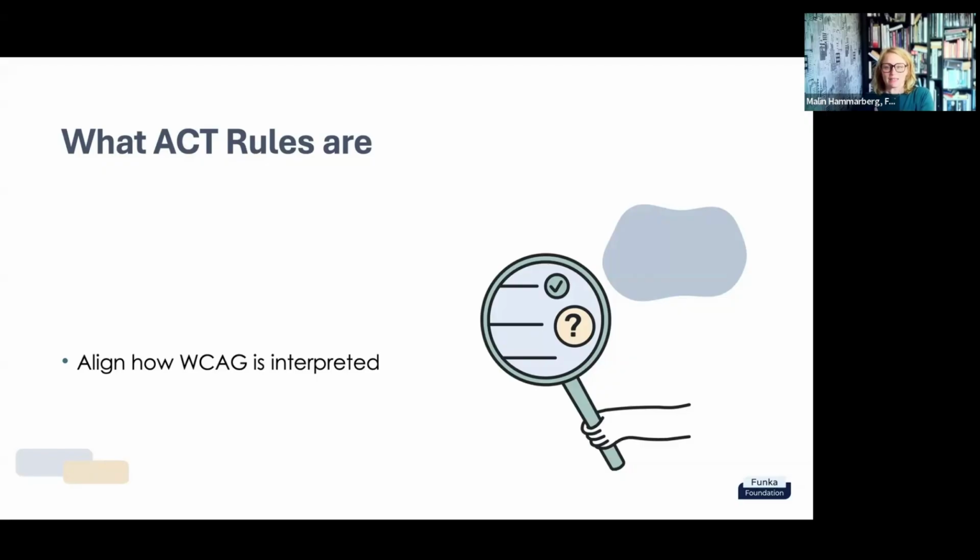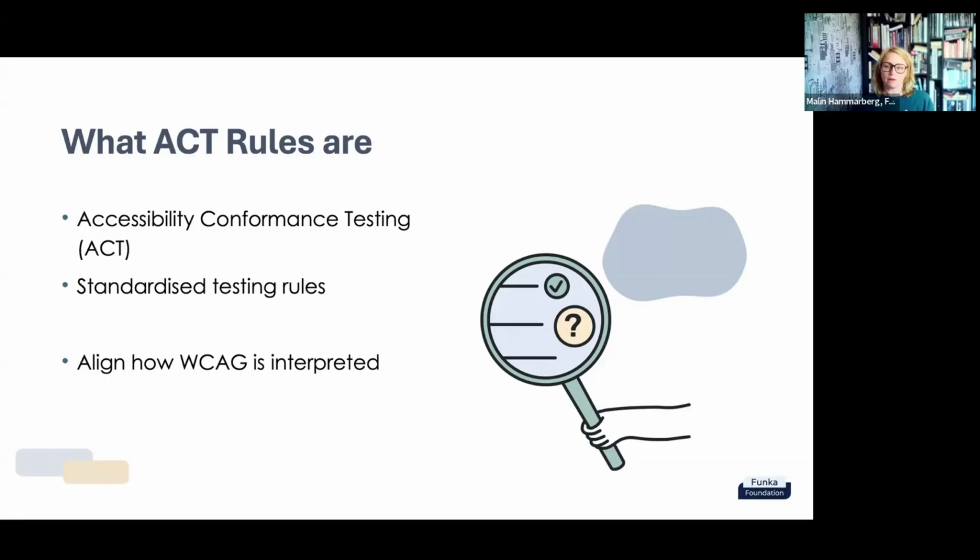So what are the ACT rules? Well, ACT stands for Accessibility Conformance Testing. ACT rules are part of the Web Accessibility Initiative, or WAI, and WAI's broader accessibility work. So WAI doesn't just develop WCAG, but also other standards, as well as informative support documents, for example, guidance for mobile accessibility and cognitive accessibility.